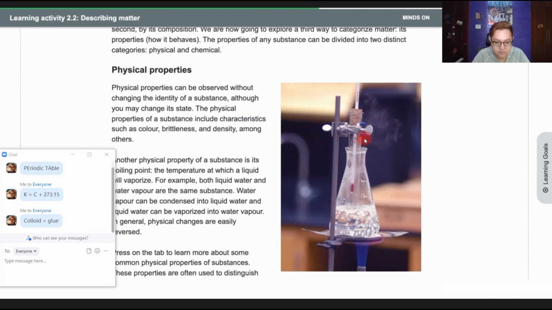Both liquid water and water vapor are the same substance. Water vapor can be condensed into liquid water, and liquid water can be vaporized into water vapor. In general, physical changes are easily reversed.